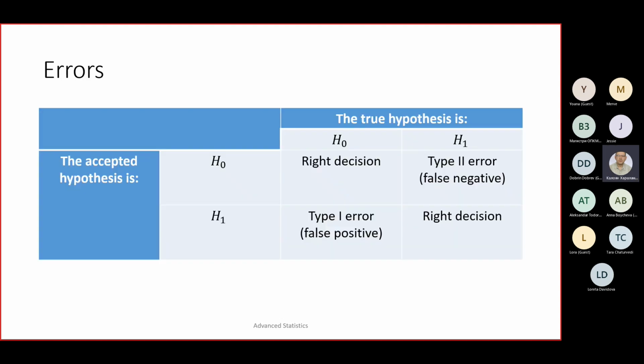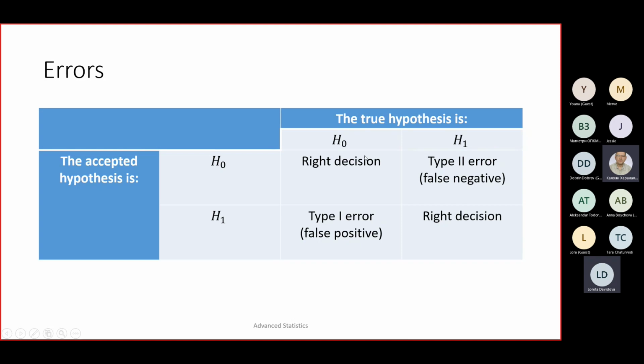We know that one of them is true. Maybe H0 is true, maybe H1 is true, but we don't know. On the other hand, we gather data, calculate some numbers, and make decision. And our decision is that we accept H0 or H1.